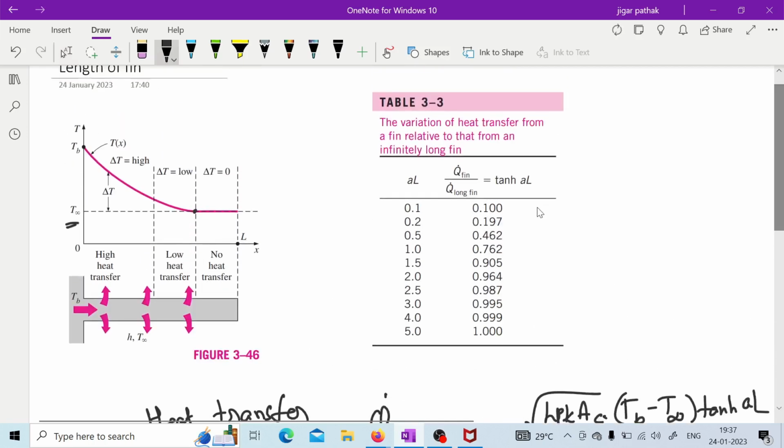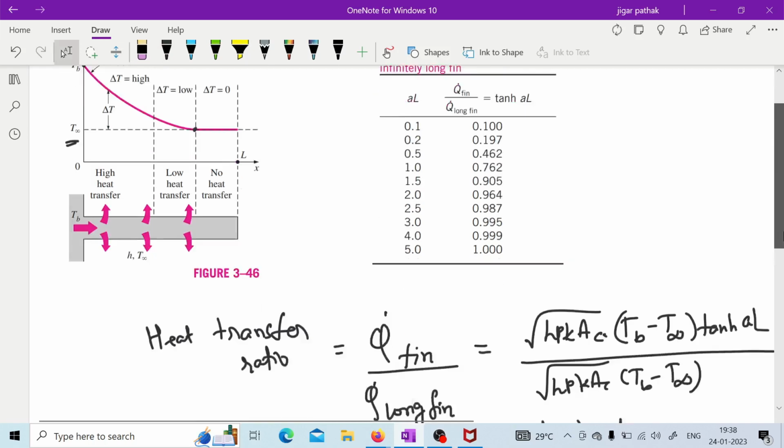Sorry? For insulated tip ends. Sorry? L_c, sir, can hyperbolic of mL_c. Tanh hyperbolic of mL. L_c, the characteristic length.